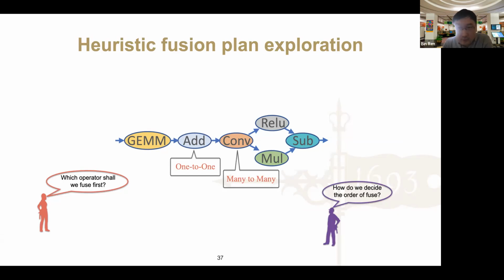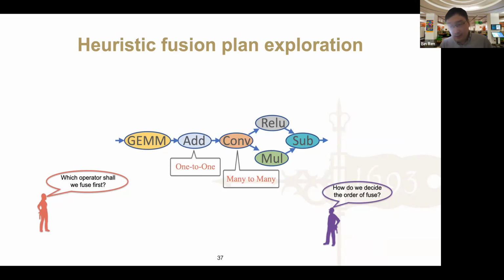So to answer the first question, we are going to use the insight from the previous part. I'm not sure if you still remember, in the mapping type analysis, we have a very obvious phenomenon. If we fuse any one-to-one operator with any other operators, it's always legal and profitable.